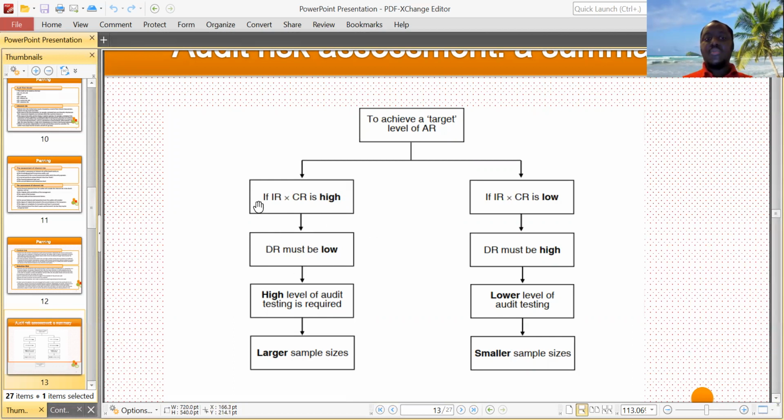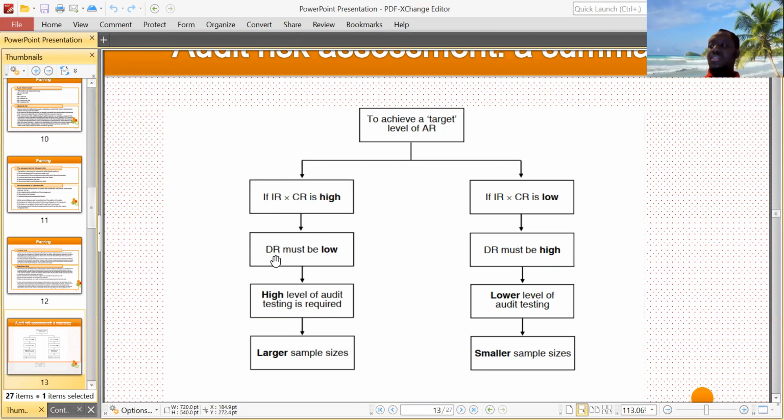If your inherent risk and your control risk are high, then your detection risk must be low. So if your detection risk is low, what does it mean? It means that you need to test more, because you are trying to bring the risk of detection low. So you'd do a lot of testing in order to uncover any misstatements. So please don't let it confuse you. If inherent risk and control risk are high, then your detection risk must be low.